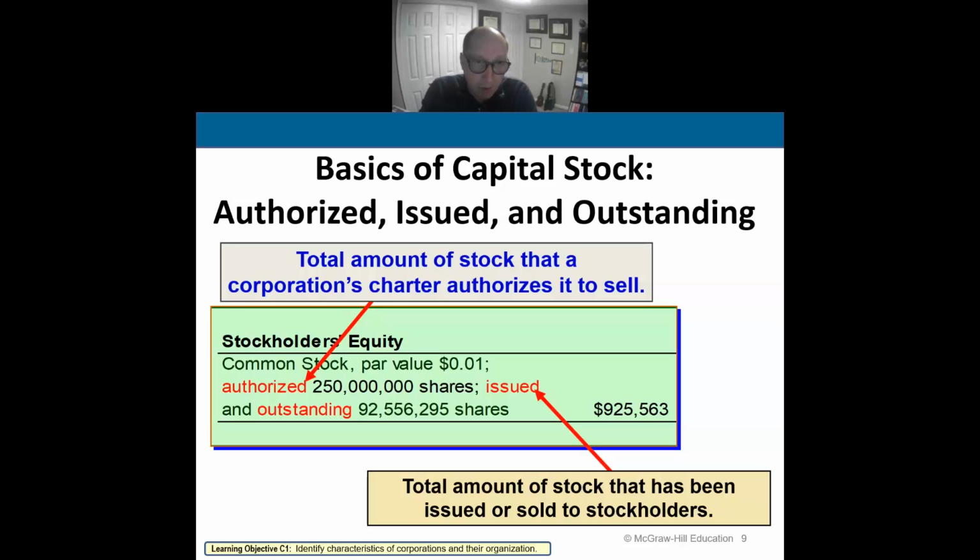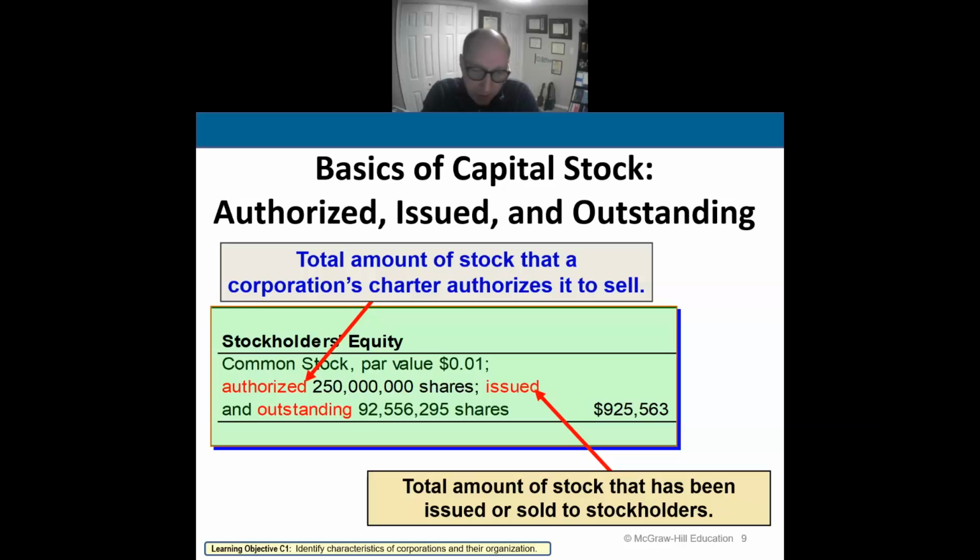What happens when a company is first formed is they decide on the number of shares that they're going to issue to the public. Or I'm sorry, authorize. The number of shares we're going to authorize.